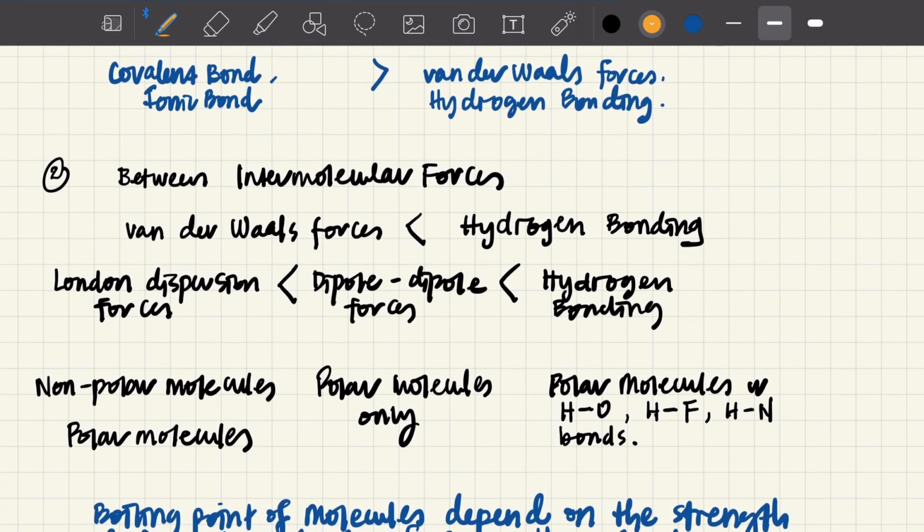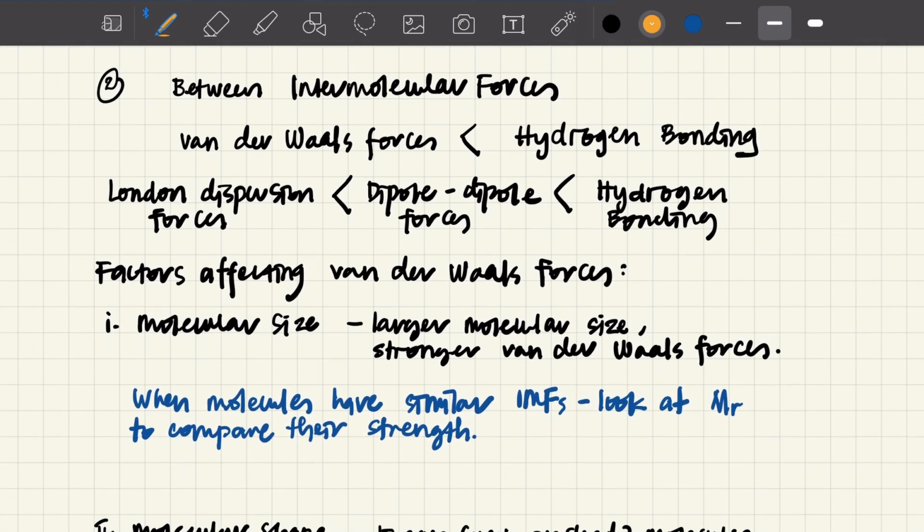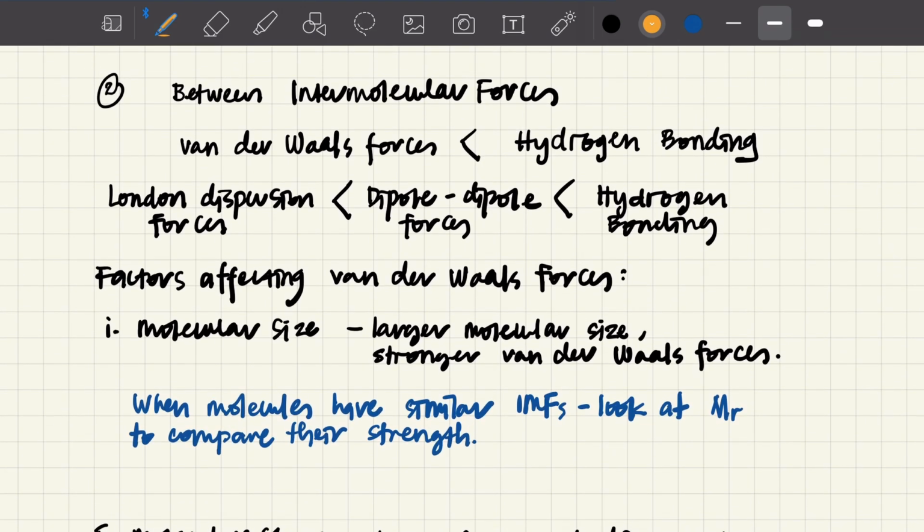Macam tu. And then I did how to determine the important points, macam which intermolecular force is stronger, weaker. Okay? Benda macam tu.